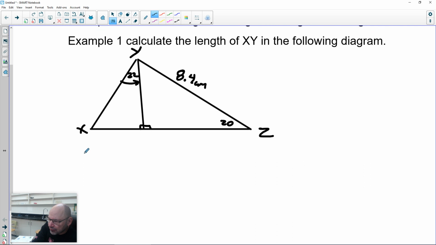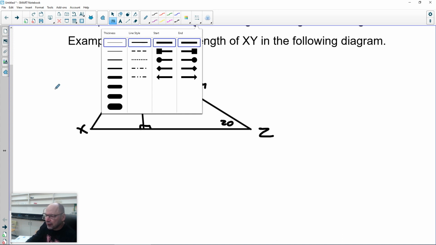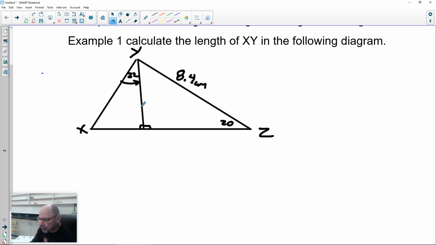Okay, so let's do it in blue here. So I'm going to label this one. I should put a W there. Okay, so first step is find YW. Okay, this here common side.